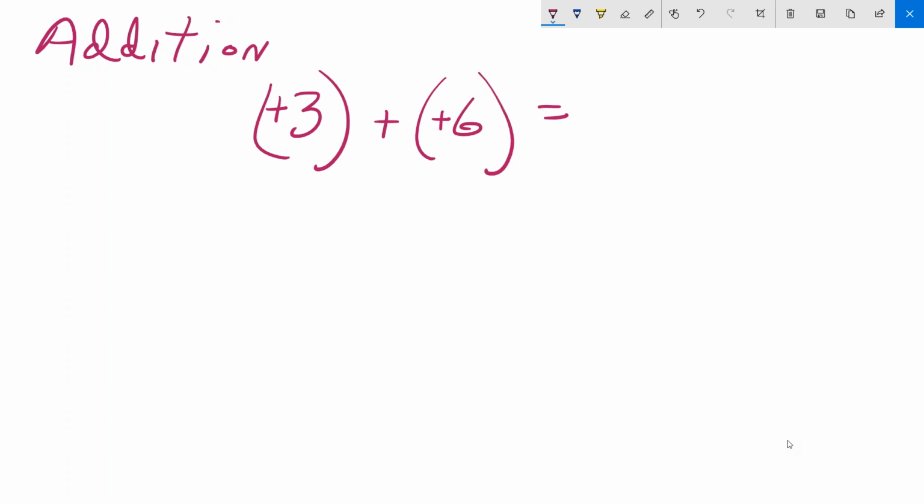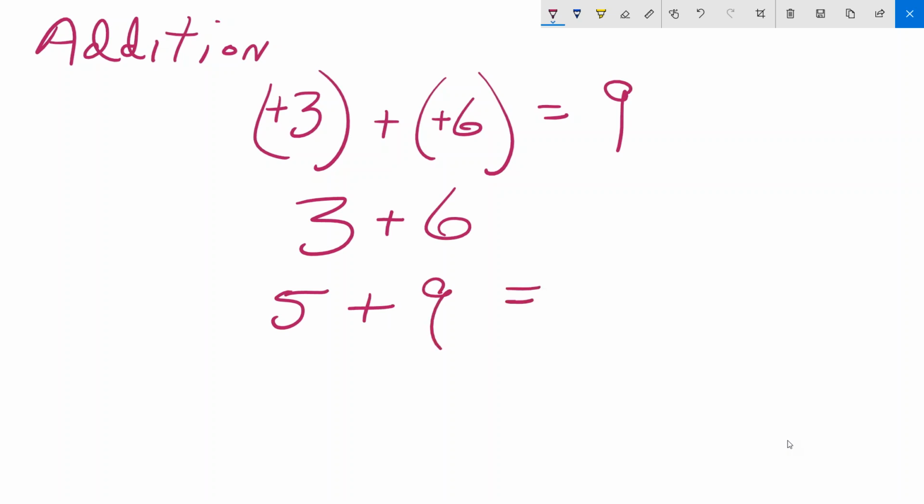What's that equal to? 9. Yeah, that's the same as this, without the plus signs. But it's equal to 9. And most people don't have much problem with adding 2 positive numbers. Is that? Yeah, wait. Oh, that's 14. Okay.